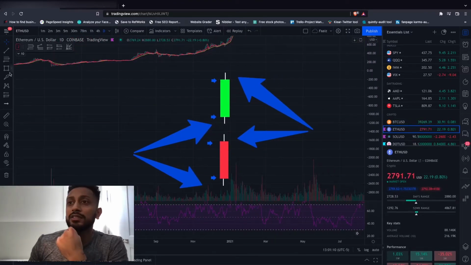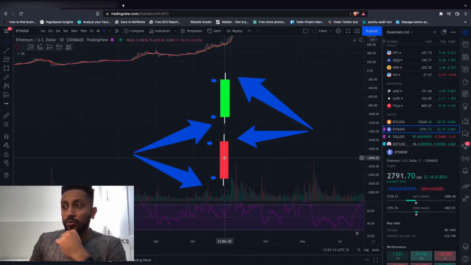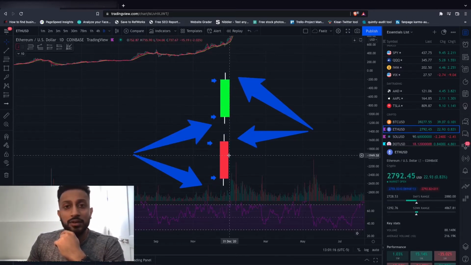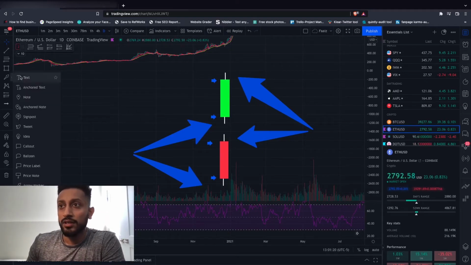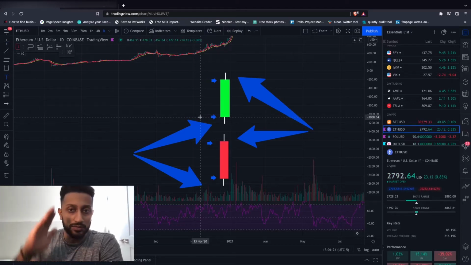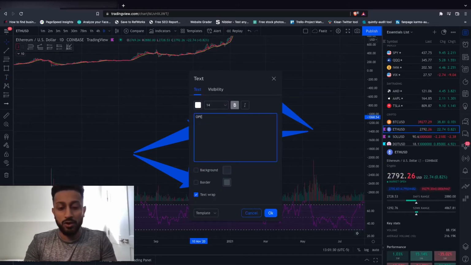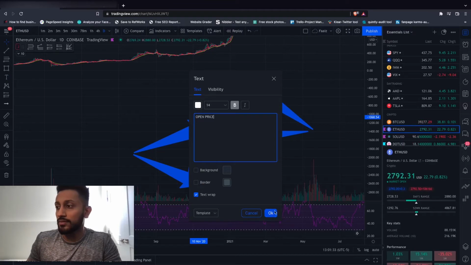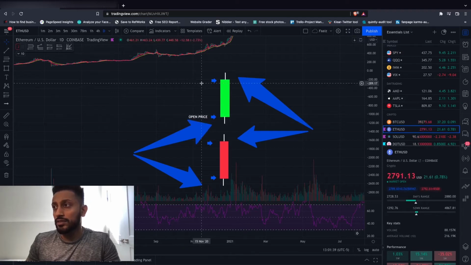Okay, so what do candles tell us? Well, let's see. This whole green part of this candle and this whole red part of this candle represents the body of a candle. Okay? Now, we said that the green candle represents that the price moved up. So the start of the body, which is right here, is what we call the open price. That's our open price.